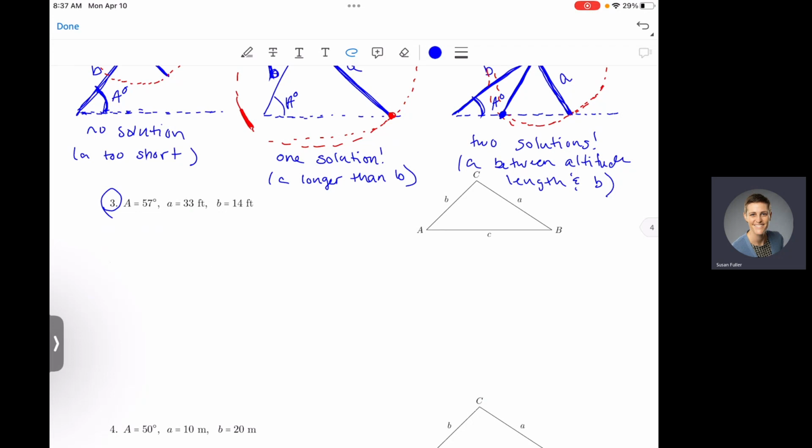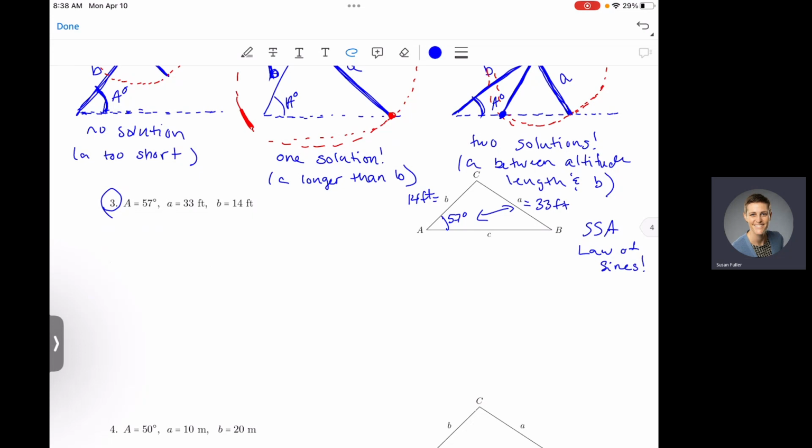I am given that angle A here is 57 degrees and that side A here is 33 feet. And side B here is 14 feet. Okay. This is side angle. That's the law of sines. And again, this is the law of sines because I have a complete ratio.